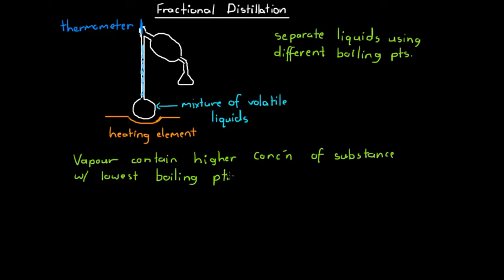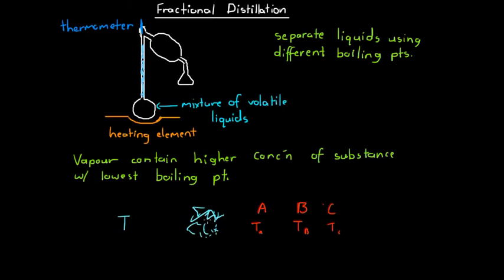And that means, if we have all this vapor at a given temperature T, and we have substances A, B, and C with boiling points of TA, TB, and TC, well, if TA is the lowest, so the boiling point of A is the lowest of the boiling points of these three substances, then that means the temperature of our vapor is much, much more than temperature A.